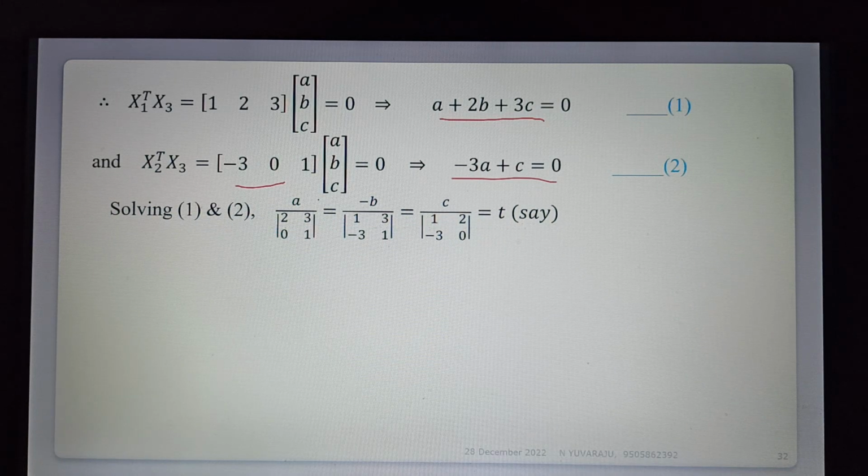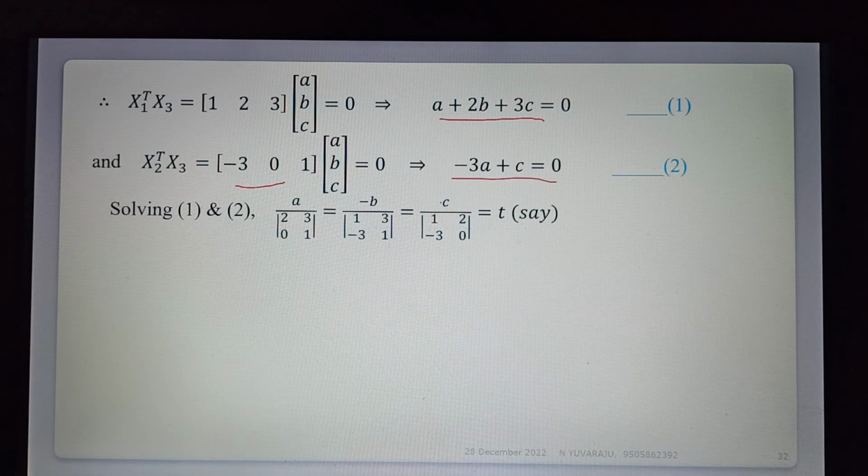Using the cross-multiplication method: for a, delete the a coefficient and choose the remaining coefficients of b and c. First equation 2 3, second equation 0 1. Next for b, with a minus sign, delete the b coefficient and choose the remaining coefficients a and c. First equation 1 3, second equation minus 3 1.